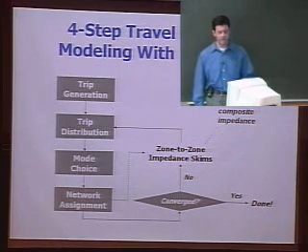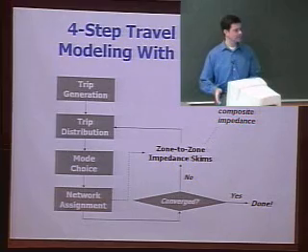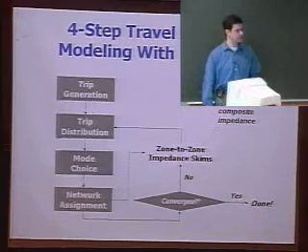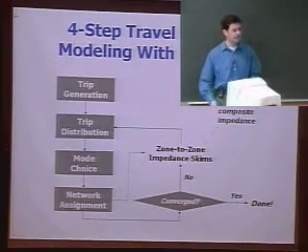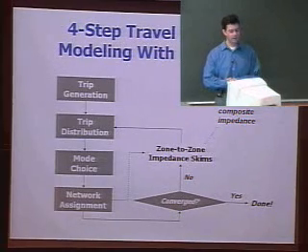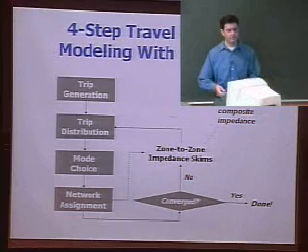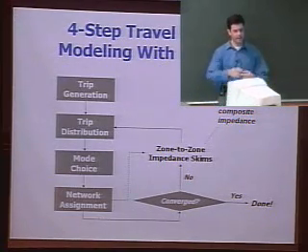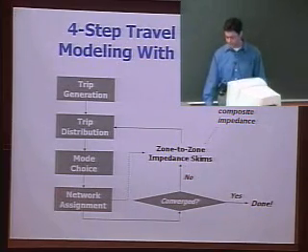And by convergence, you usually develop some criteria like some maximum amount of change between iterations to the volumes on the link. Or some people use travel times, and you also tend to look at changes to the trip distribution, the table that shows trips going from I to J, until that sort of settles down and there aren't too many changes between iterations.